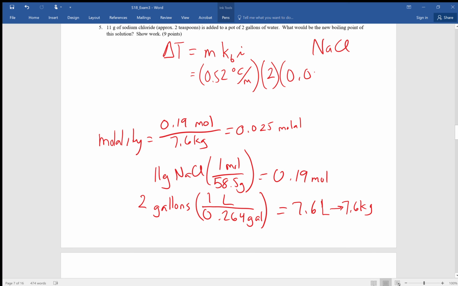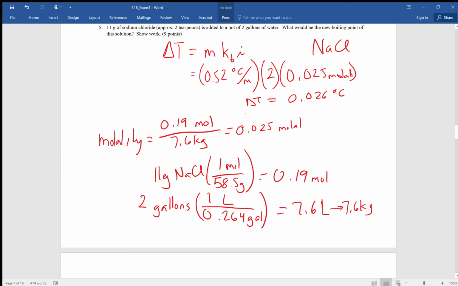So we now plug that into our boiling point elevation equation. And when we calculate this, we get that delta T is equal to 0.026 degrees Celsius.